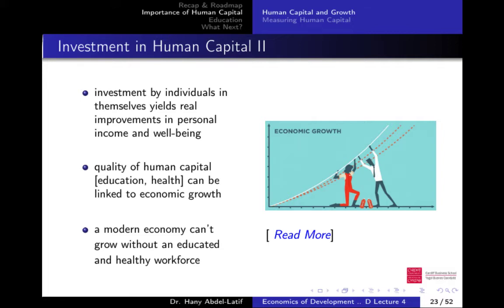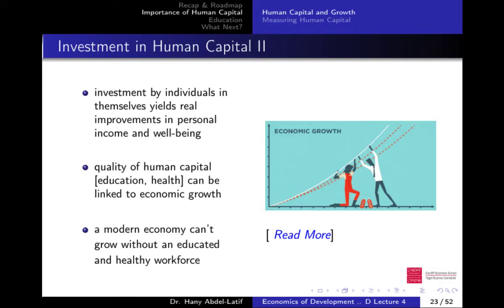There's actually one thing that we should have covered today, but we will not have time to cover, which is returns to education. There is a large body of literature talking about returns to education. So how much more you would earn if you gain one extra year of education. For example, having a university degree compared to having a master's degree compared to having a PhD. So this is some sort of investment and should have some returns.